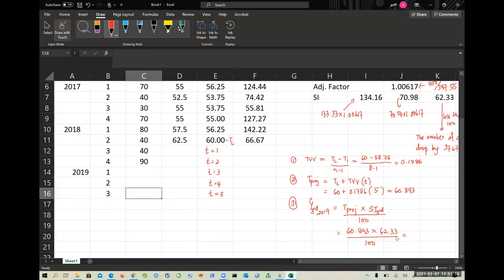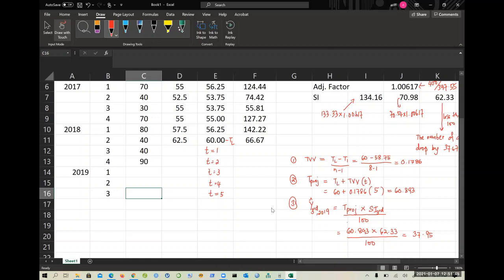So you get 37.95. So kalau nak tepat kita letak sini ya. So this will be 37.95. Okay, so 37.95. So that is your forecast value.